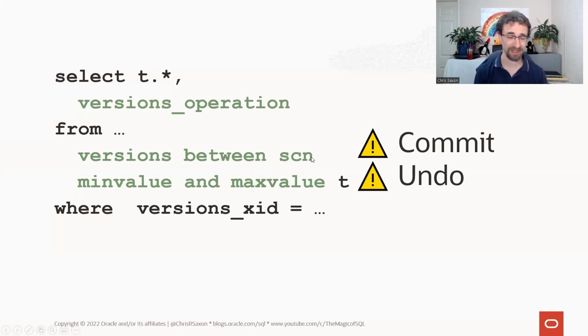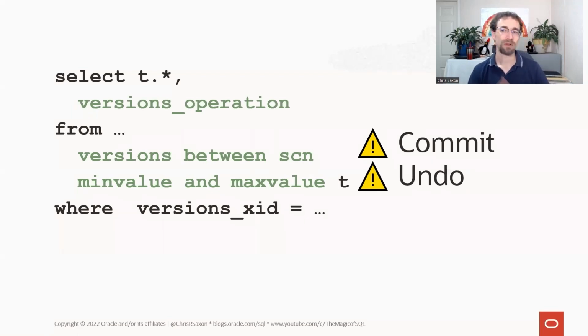The other thing to bear in mind is, of course, that Flashback uses the undo tablespace to reconstruct this history. By default, undo retention is 900 seconds, 15 minutes, and that is a lower bound guarantee.